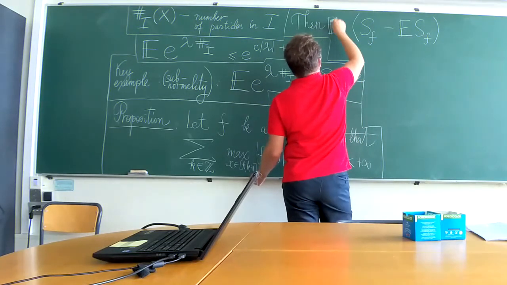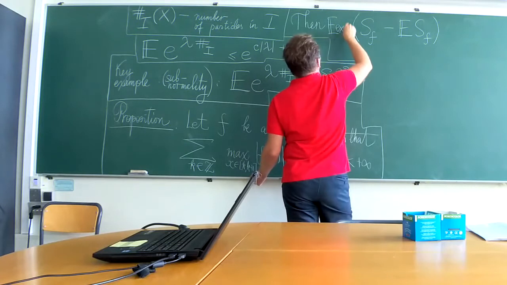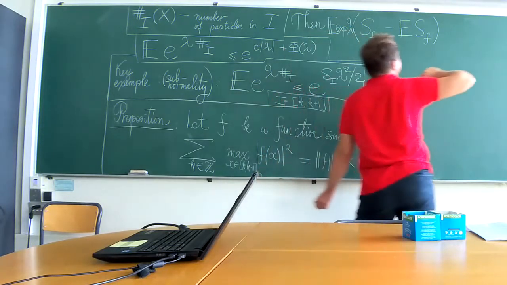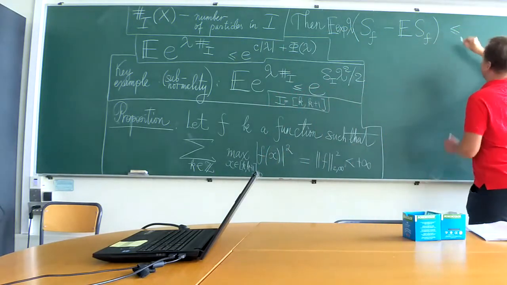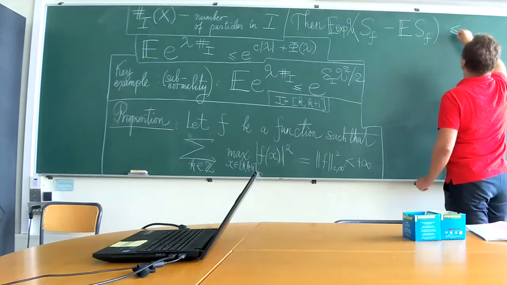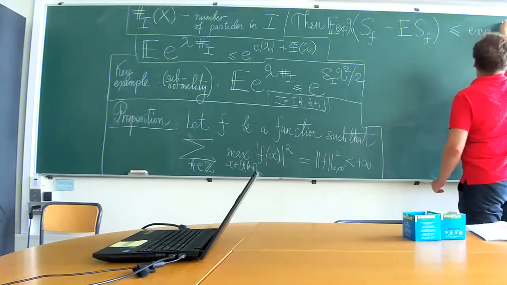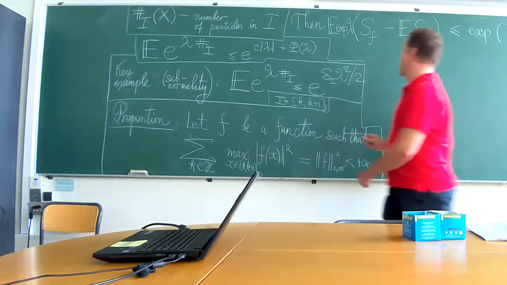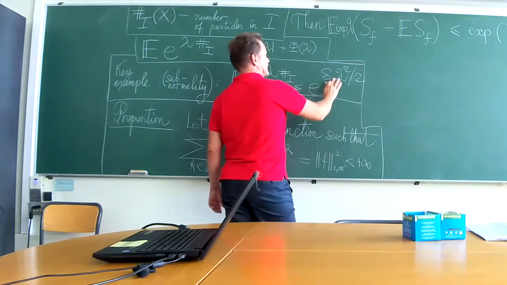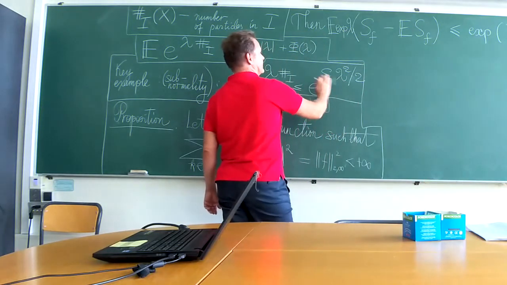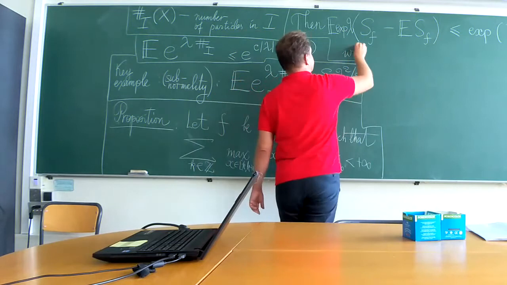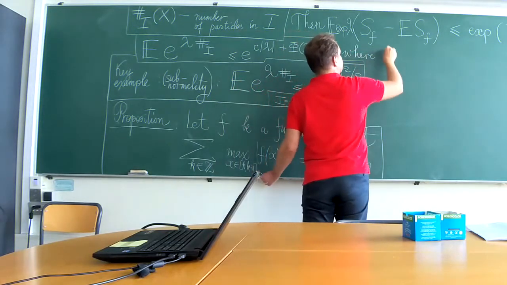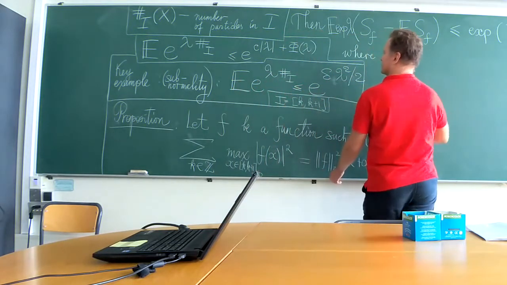The expectation of exponential lambda is less than exponential of d lambda squared over 2, where d depends on this delta.